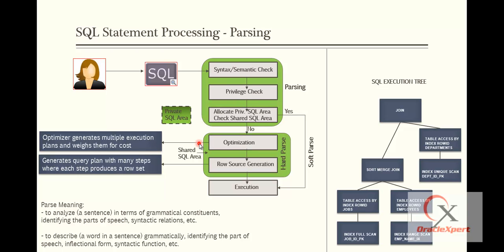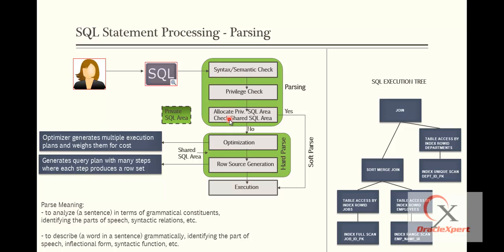Then it allocates private SQL area. Remind you, in the dedicated server configuration, private SQL area is allocated in the PGA of the server process, whereas in a shared server configuration, the private SQL area would be allocated in the SGA itself.